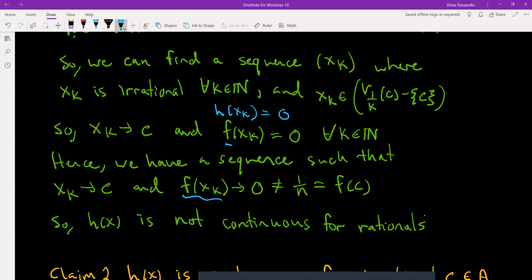So it's got to equal h of c for it to be continuous. All right, and I was using f where I should have been using h.